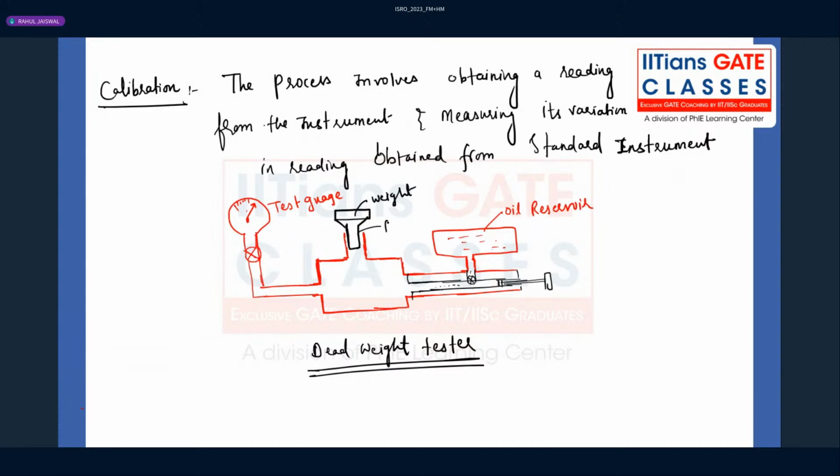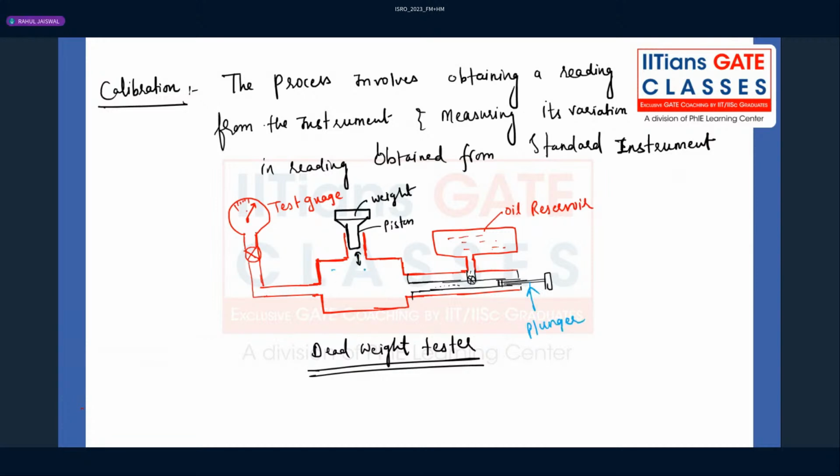This is the piston which is reciprocating inside, like this. When this oil flows in this reservoir, this plunger is there for some purpose. I will tell you about this plunger.